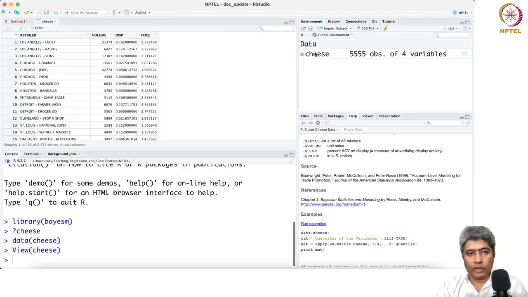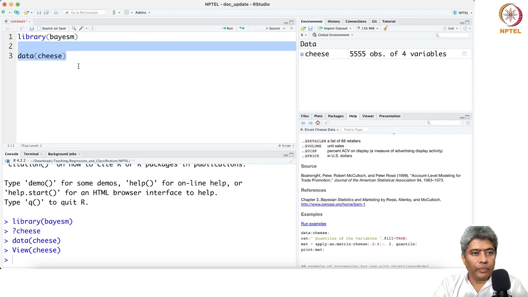So here you have the data set. You have 4 columns: retailer, the name of the retailer. There are 88 retailers, such as Los Angeles Lucky, Los Angeles Ralphs, Los Angeles Vons. So Lucky, Ralphs, Vons, Dominick's, these are the retailer chains, and this is the city name. So city name and retailer chain, they are different.